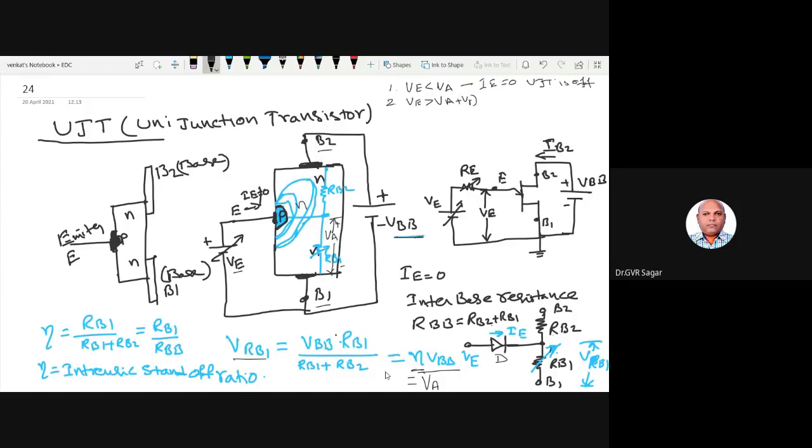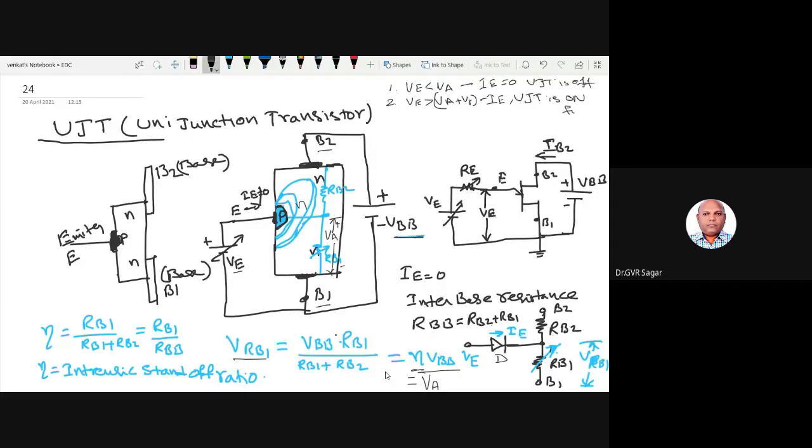So the external emitter voltage VE is more than the cut-in voltage plus this voltage. If it is more than these two voltages, then I can say that the PN junction is in forward bias. So there exists a current IE, IE is there and the UJT is on.